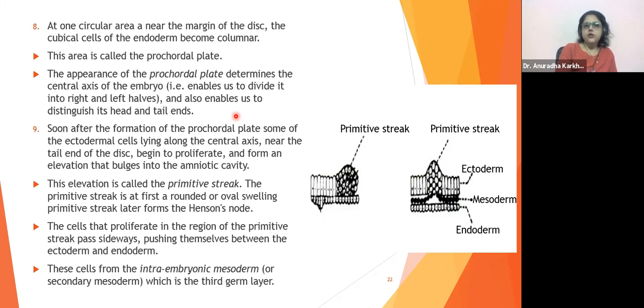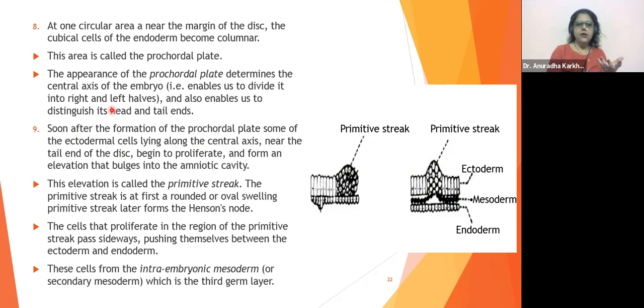Soon after the formation of the prochordal plate, some of the ectodermal cells lying along the central axis near the tail of the disc begin to proliferate. Just now we saw that whatever was happening was with the endodermal cells. Now they are saying the ectodermal cells.